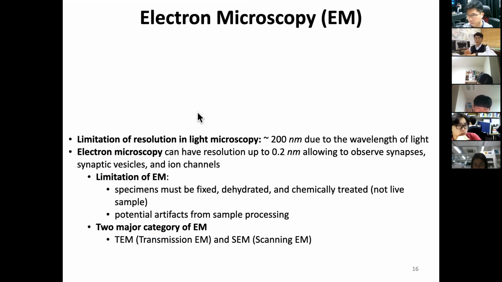Okay, so let's see. Before getting into electron microscope, I'm going to answer one of the questions by Kohiner. Is there any limitation on how deep we can see with a two-photon microscope? Very good question. Does it depend on the energy of the emitted photons? Yes. If we can increase the energy of the emitted photon, can we see deeper?